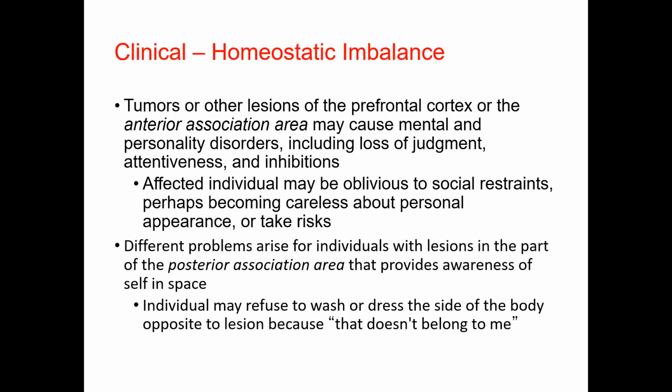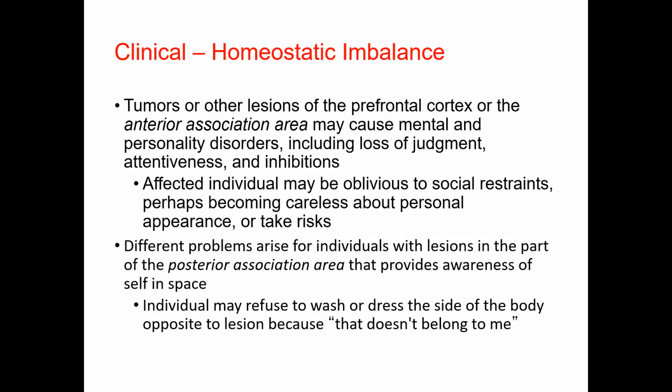But in the posterior association area, a tumor in that area affects our awareness of where we are. You know, this is where a lot of our proprioception is being received. And saying, well, that's not me.